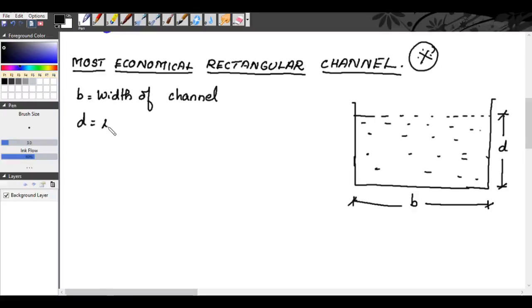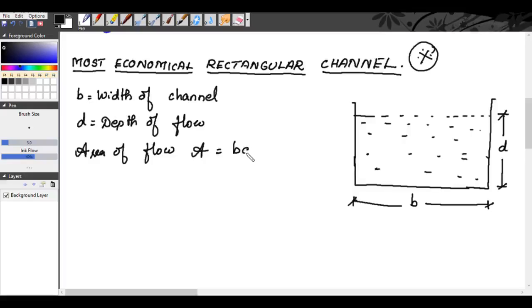D is the depth of flow of the rectangular channel. So now our area of flow A is equal to B into D, BD. And we know the wetted perimeter P will be equal to D plus B plus D. So it is B plus 2D.